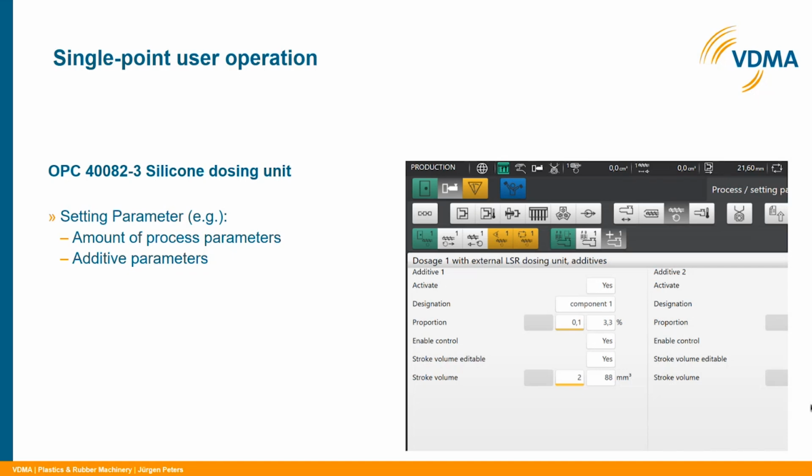But now with OPC UA, we have all relevant process parameters on the IMM panel to visualize. We can change the parameters and we can store them together with the data set. And we can also operate the silicon dosing unit directly from the IMM controller. So we can start and stop the silicon dosing unit from the IMM.